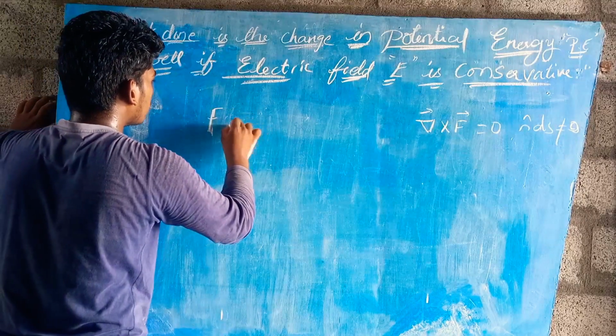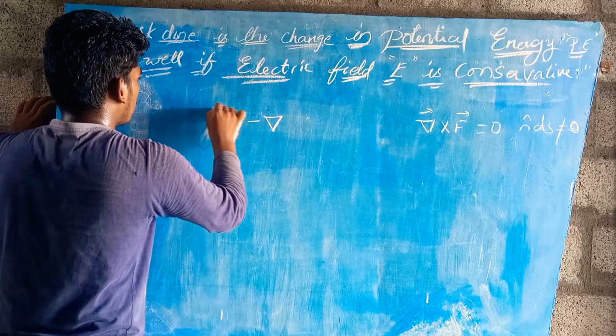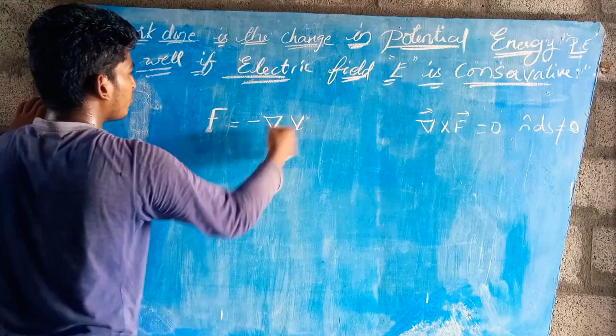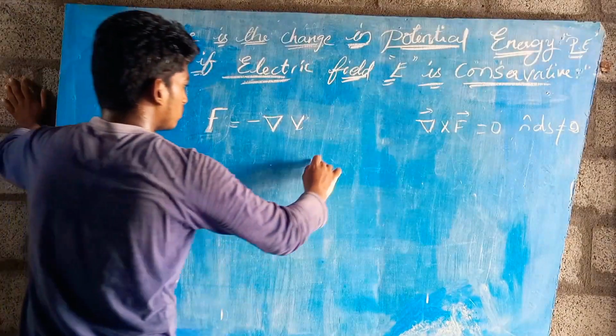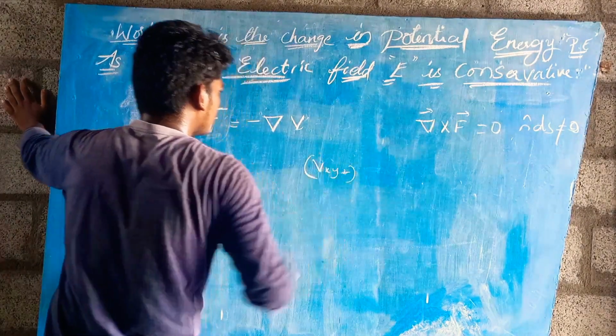So F is equal to minus del V. Here V is the potential energy, V of x, y, z.